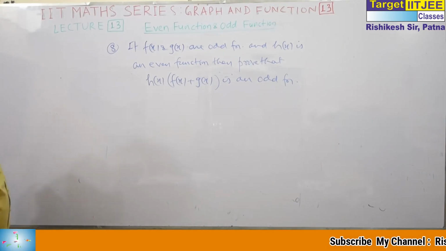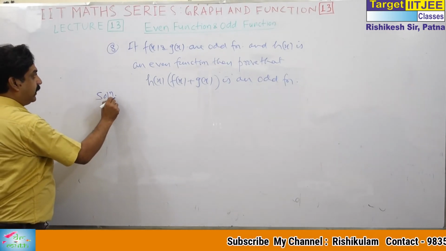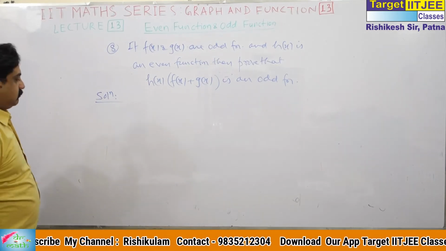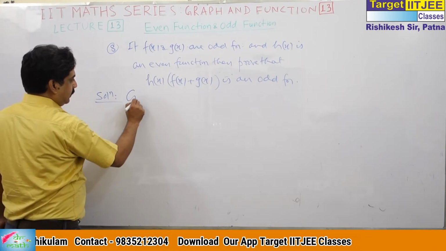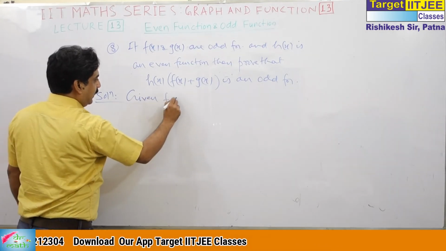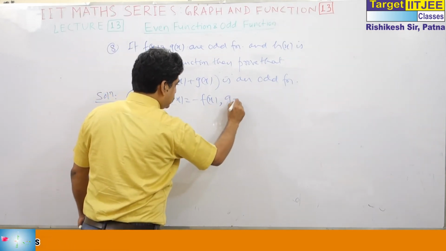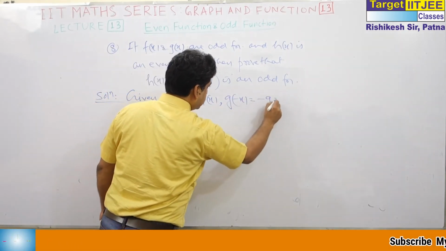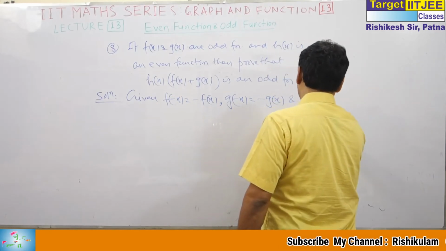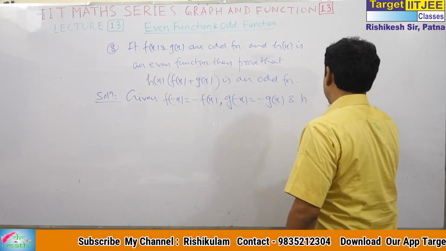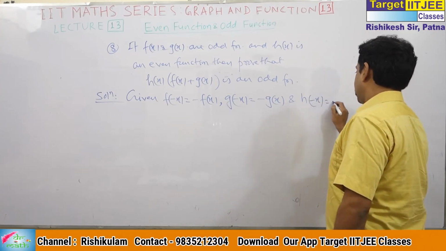Now, how to deal with this? Theoretical but easy. Given f(-x) is equal to -f(x), g(-x) is equal to -g(x), and h(x) is equal to what? h(-x) is equal to what? h(x).